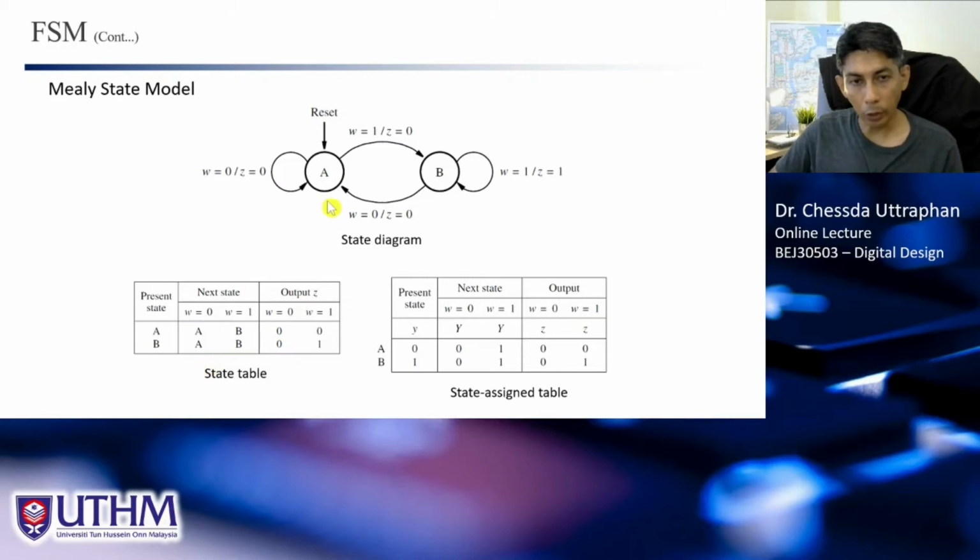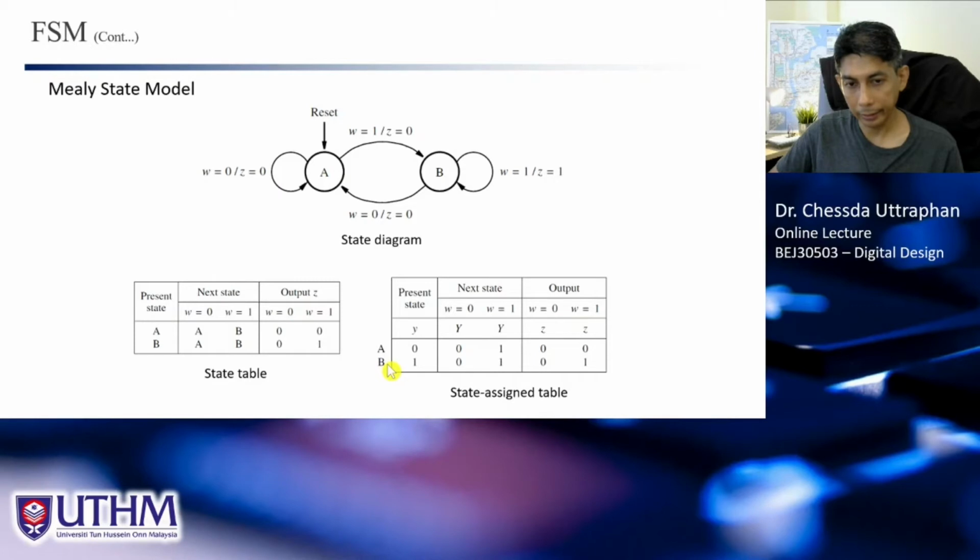In this case, we only have two states, all right? So if we have two states, we can use one bit only, right? Because with one bit we can have two states, 0 and 1. All right, so we can represent 0 as A, 1 as B.